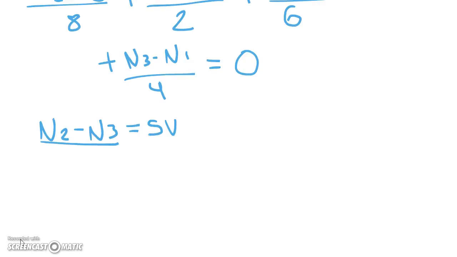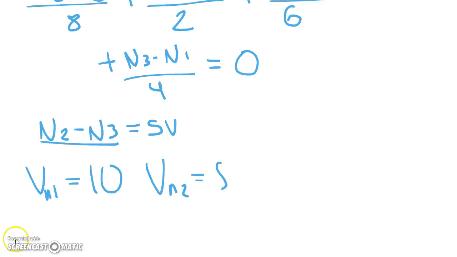So now that we solved these equations, we get that, as I said, voltage number 1 is equal to 10, voltage of node 2 equals 8.0952.